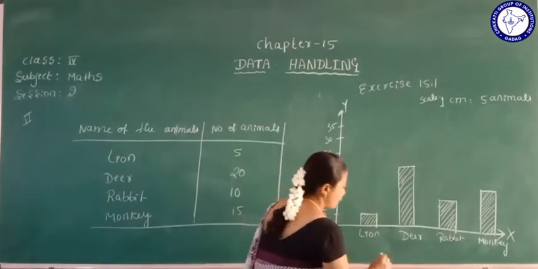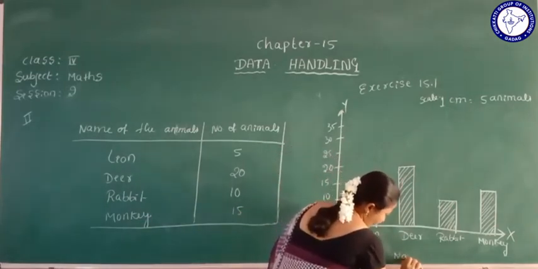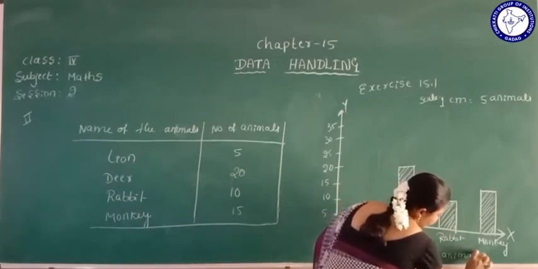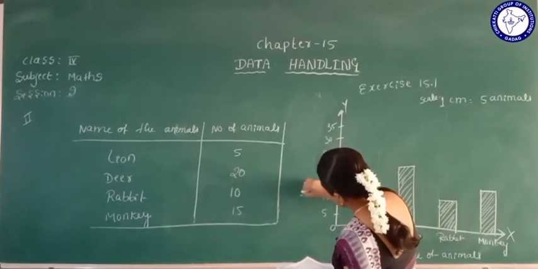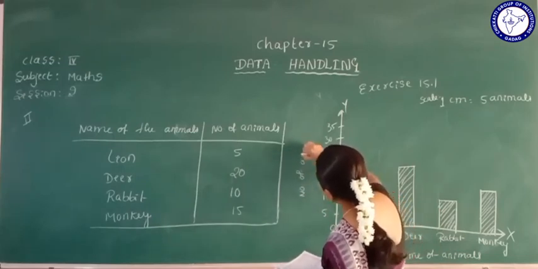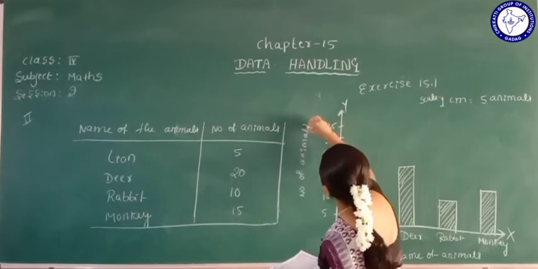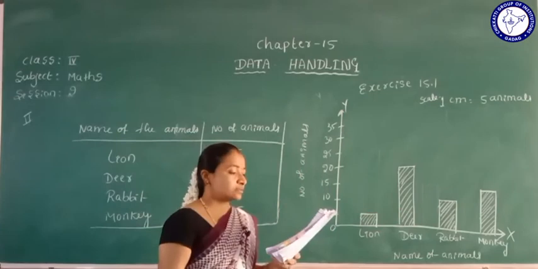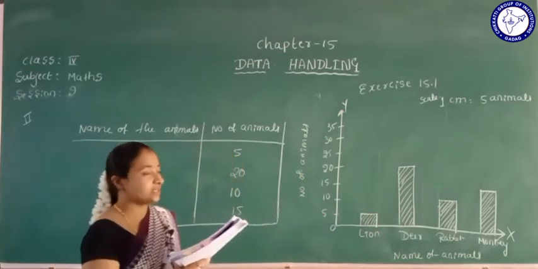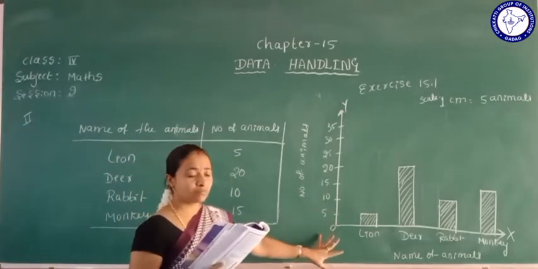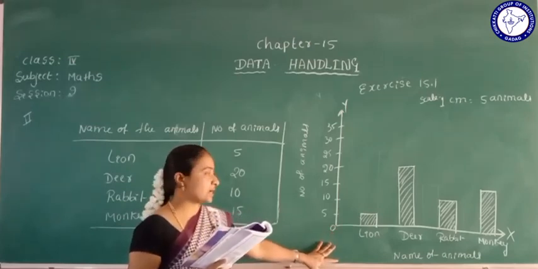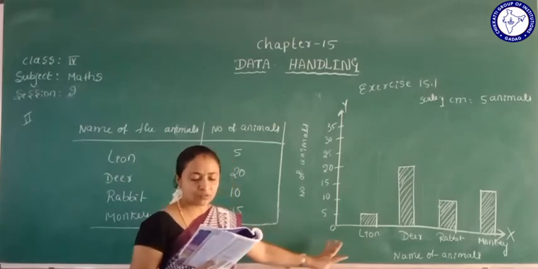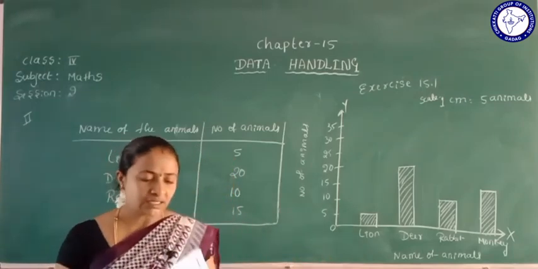Here we can write name of animals, and here number of animals. Understood, students? So this is the data representing animals in the zoo. In this zoo, how many animals are there? We can represent it in a bar graph. Understood?